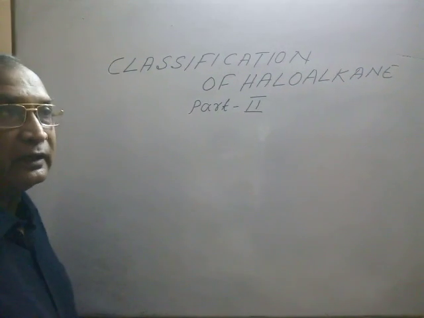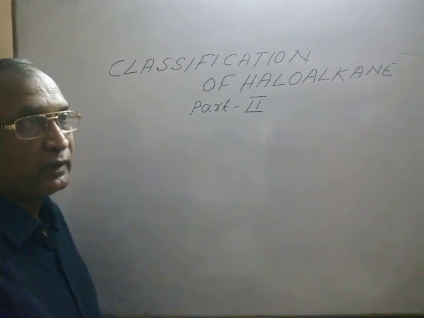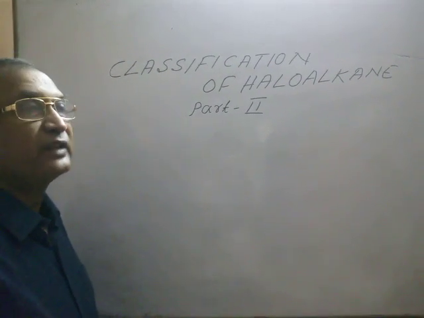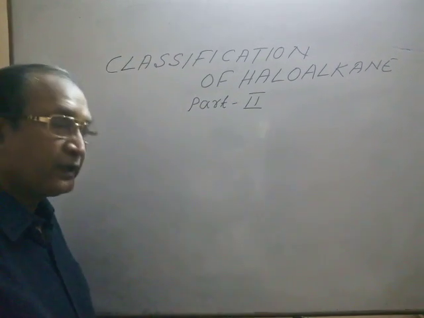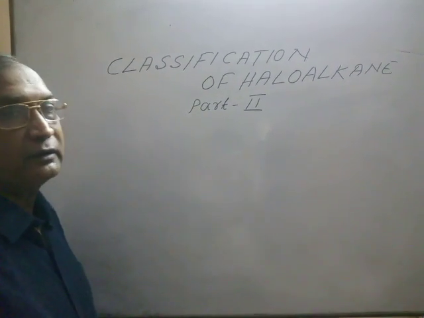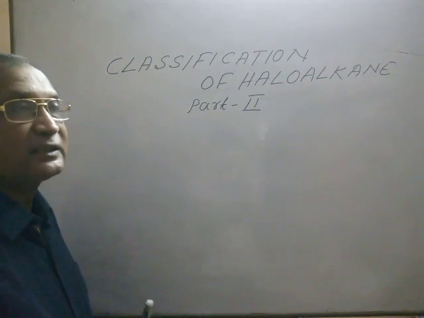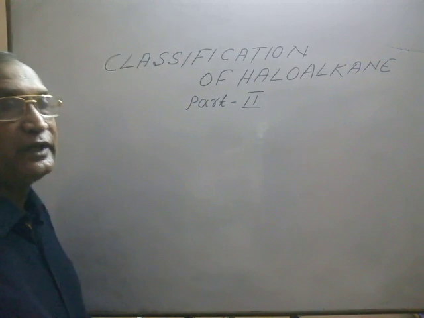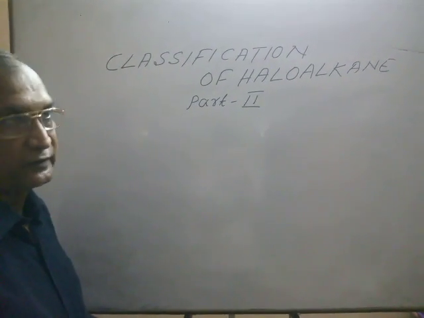As per the hybridization of carbon, halogen may join with sp3 hybridized carbon, or halogen may join with sp2 hybridized carbon. As per the hybridization of carbon, the halogen derivative is again divided into two parts.